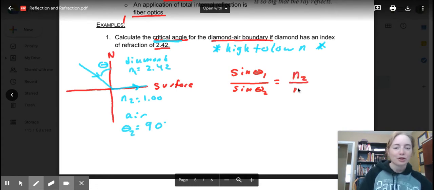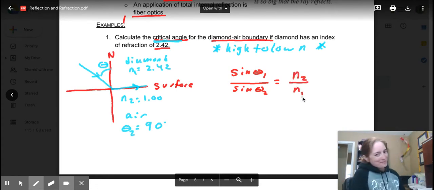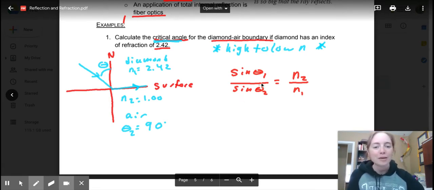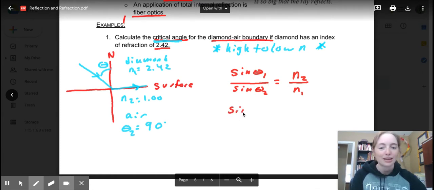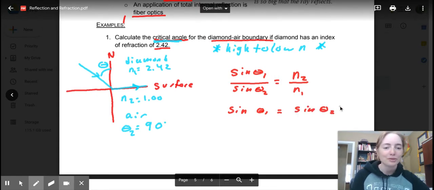So those are the values that I am going to use. I'm going to rearrange this so that I get theta 1 by itself. I'm going to multiply by sine theta 2 on both sides, so I get sine theta 2 times N2 divided by N1.